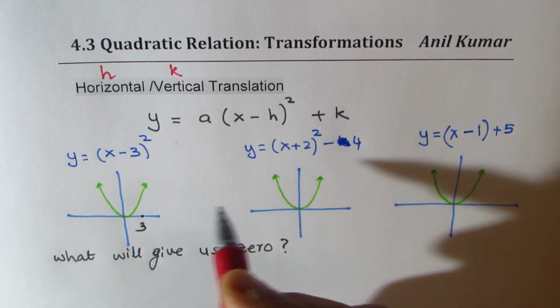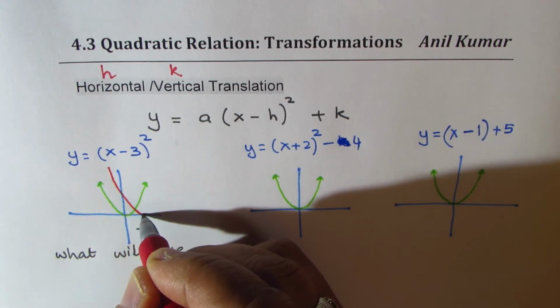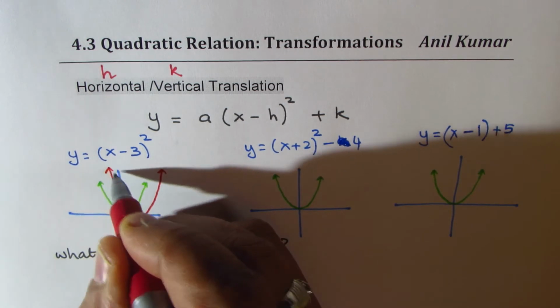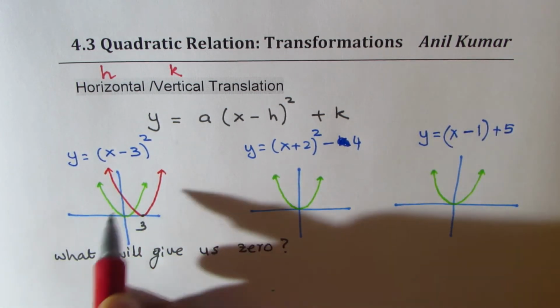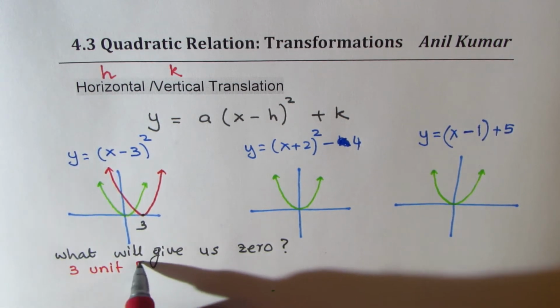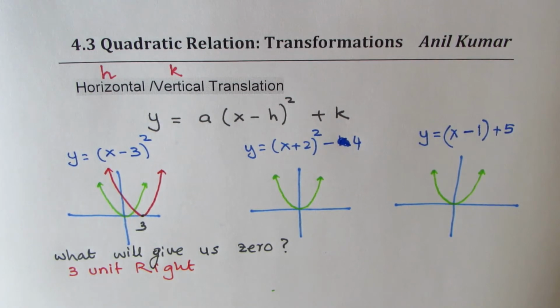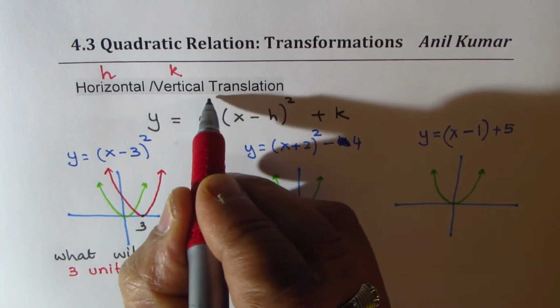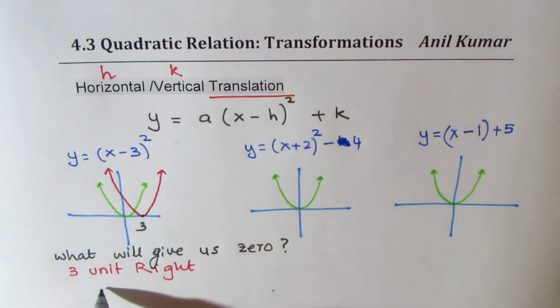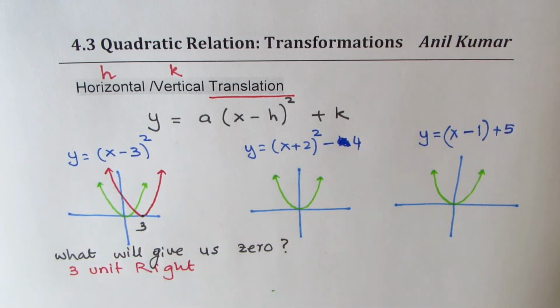So the graph will move horizontally, of course, but now it is moving like this. Is that clear? So what do you say? So 3 units right. Do you see that? That is the translation. Perfect. So it is translated 3 units right, since that 3 gives 0 in the main function. Does that make sense to you?